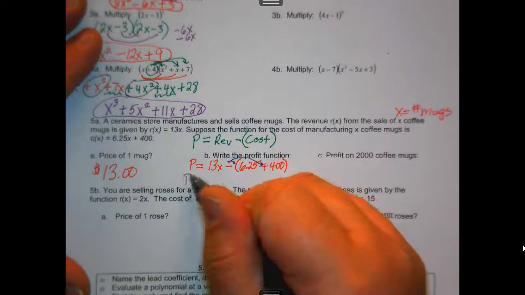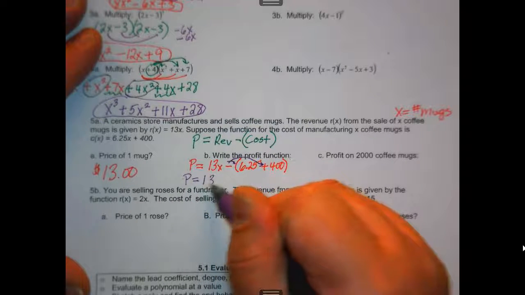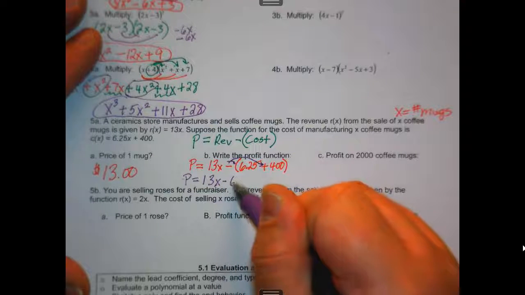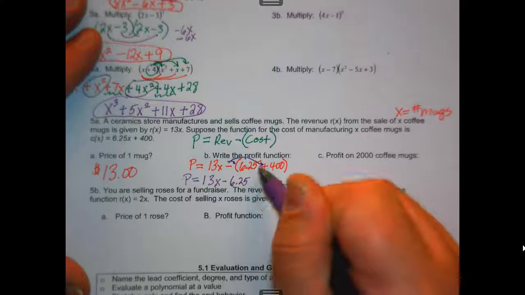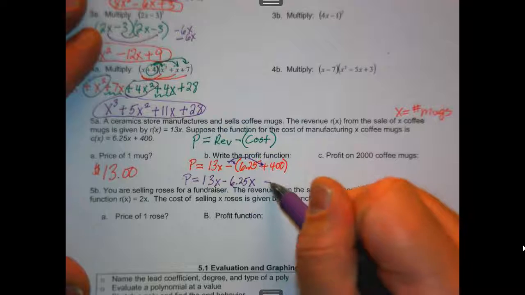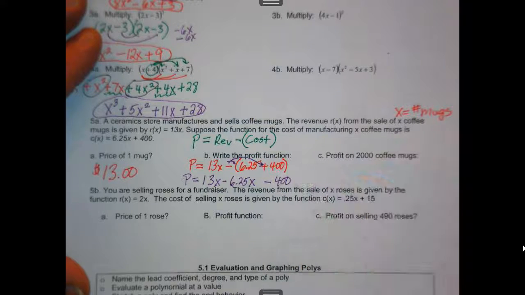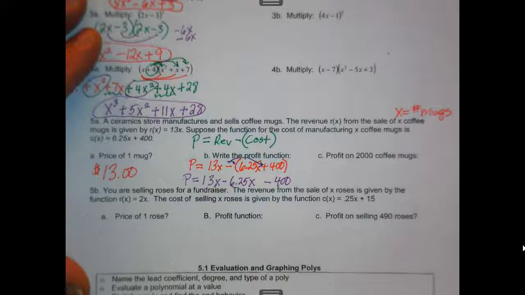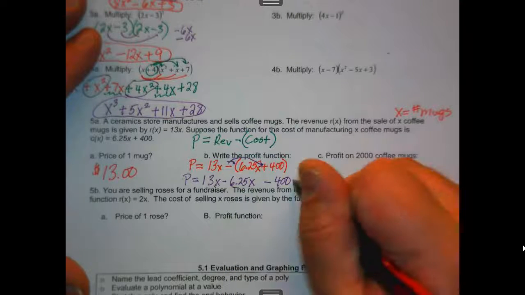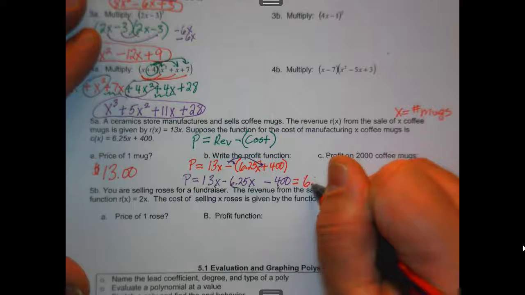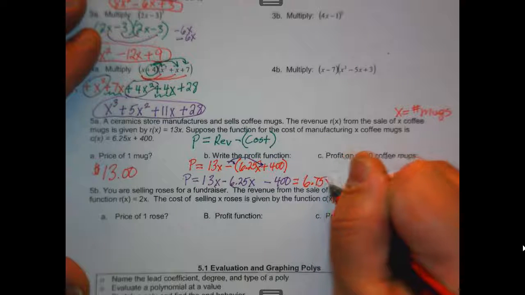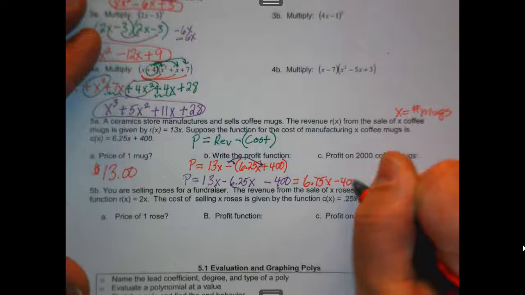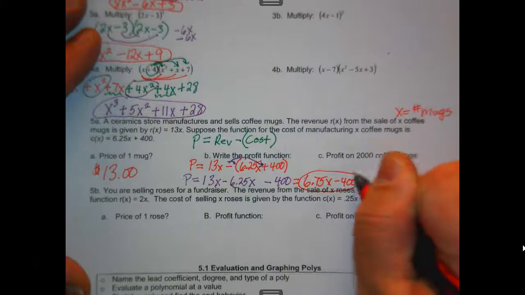And we get our profit equals 13x minus 625x. There should be an x there. Minus 400. Combine our like terms. See, I have 13x minus 625x is 675x minus 400. There's our profit function.